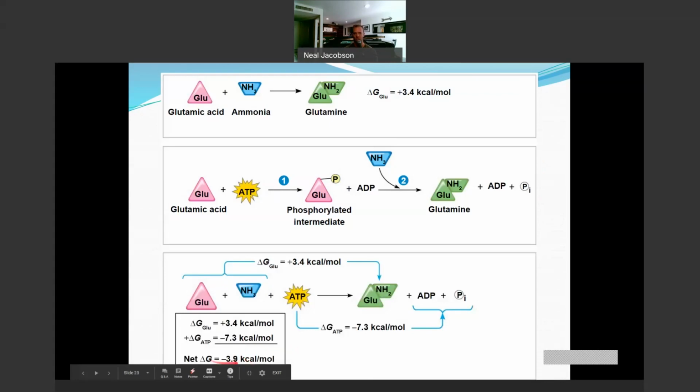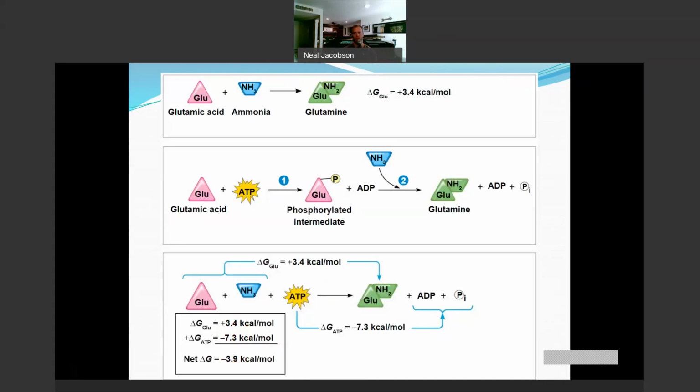How much change was lost? Minus 3.9, because it only cost me $3.4. I had 7 that I spent, so I lost 3.9. As you can see, most reactions in the cell cost less than 1 ATP. And so that's why we need so many. That's why we need to convert the other cellular batteries into ATP.